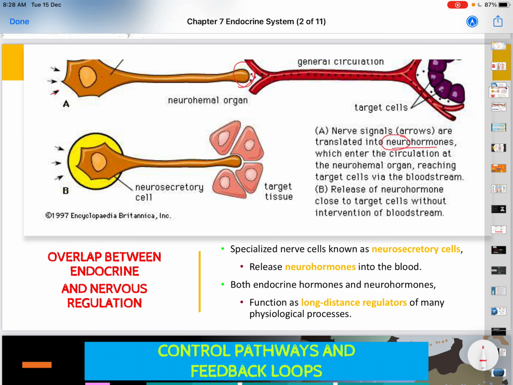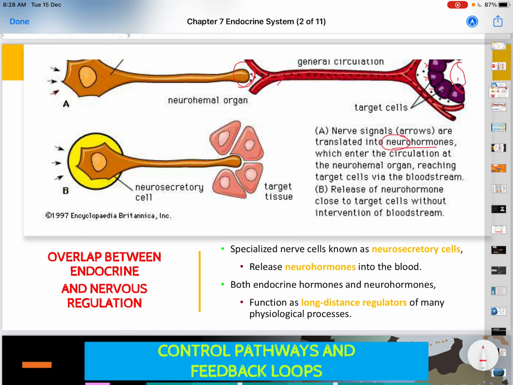So this neurohormone will diffuse into the bloodstream until it reaches the target cell. On the membrane of the target cell there will be a receptor.